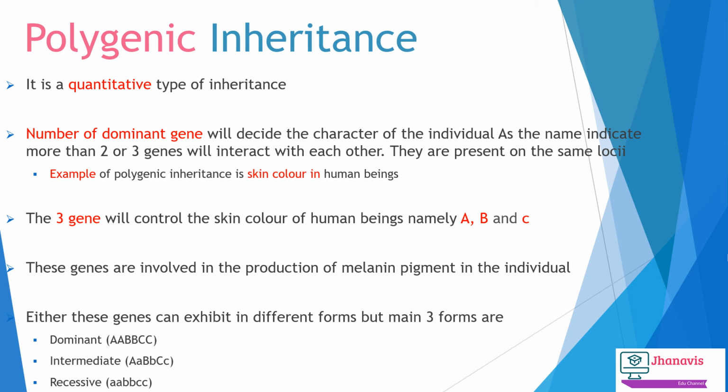So this is a quantitative type of inheritance where we can see how many dominating genes will decide the skin color. The maximum of 3 will give maximum melanin pigment, whereas less dominant genes, the recessive condition, will give a recessive individual with white color and absence of melanin pigment.